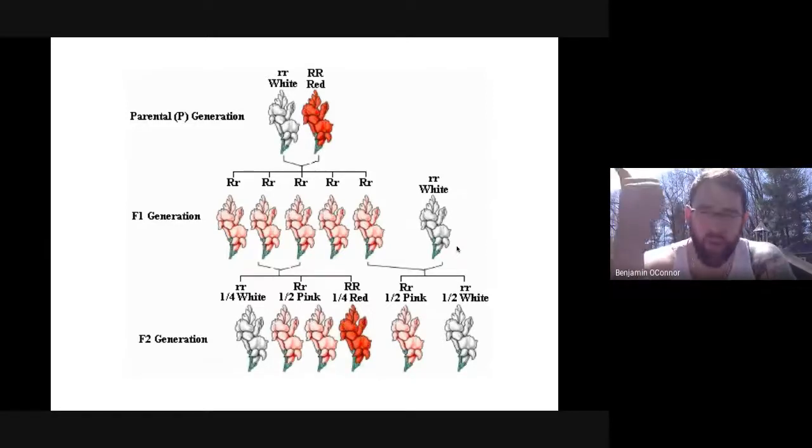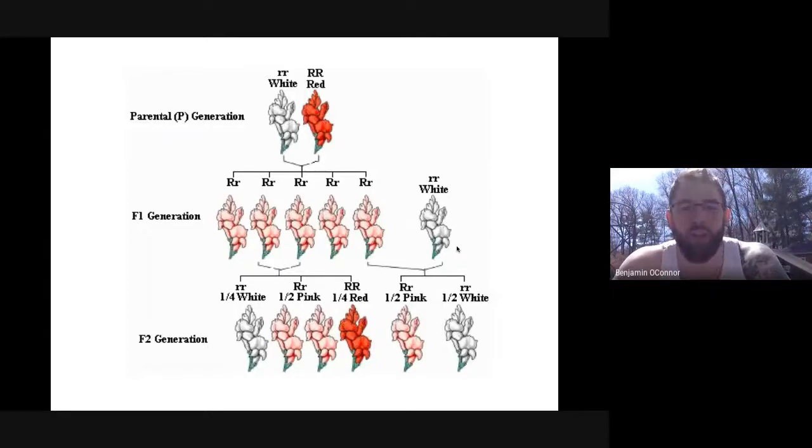You'll get one homozygous dominant for red, one homozygous recessive for white, and two heterozygous that show up pink. And on the right, when you cross a pink with a white, you are mixing a heterozygous and a homozygous recessive, so you are going to get a 50-50 pink-white ratio.